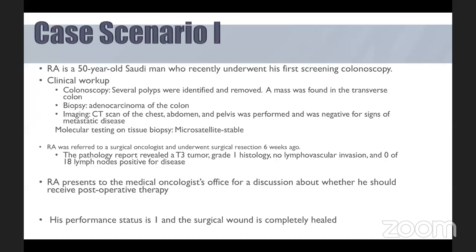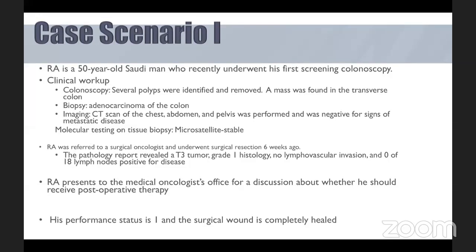This is RA, a 55-year-old Saudi man who recently underwent his first screening colonoscopy. Colonoscopy showed several polyps. Biopsy was taken, showing adenocarcinoma of the colon. Metastatic investigation was done, and the patient was negative for metastasis. We did molecular testing on the tissue biopsy, and it showed microsatellite stable.